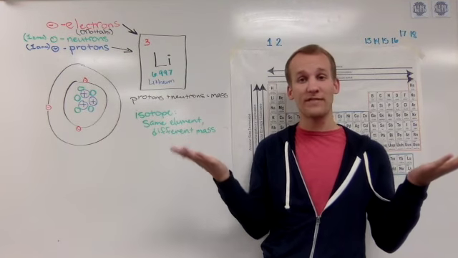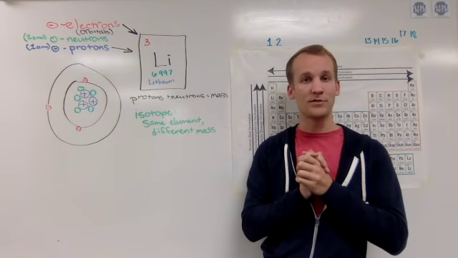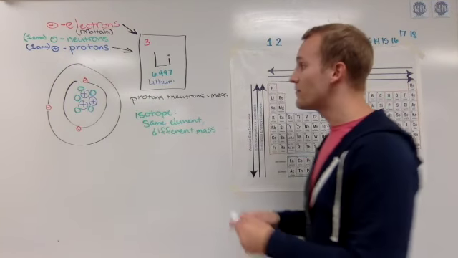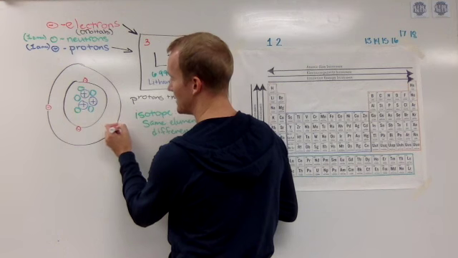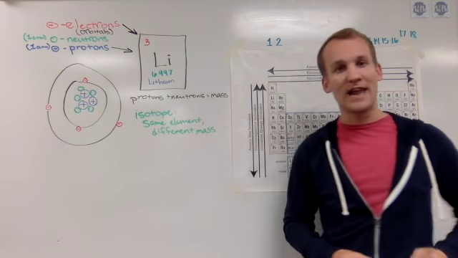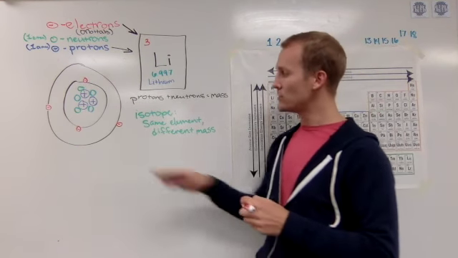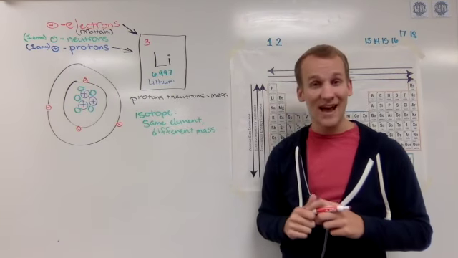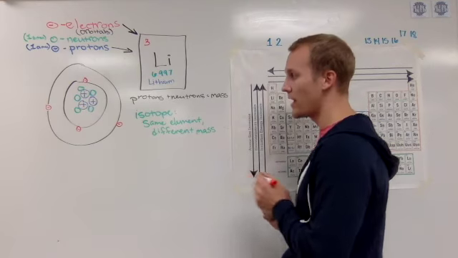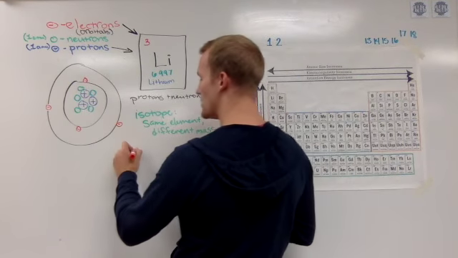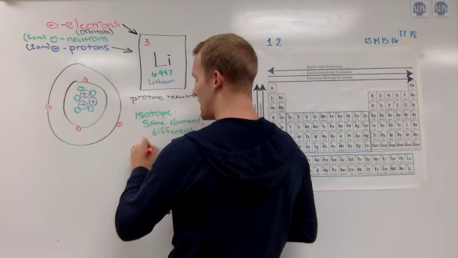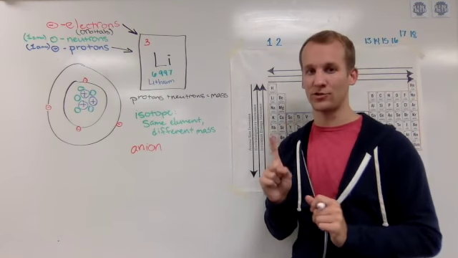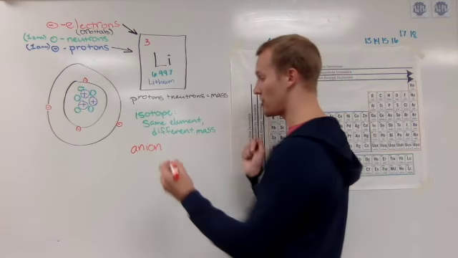Since we have 3 of each, they cancel each other out to make this atom neutral. However, if we took that and added an extra negative particle on the outside ring of this atom, then we would have now an ion.